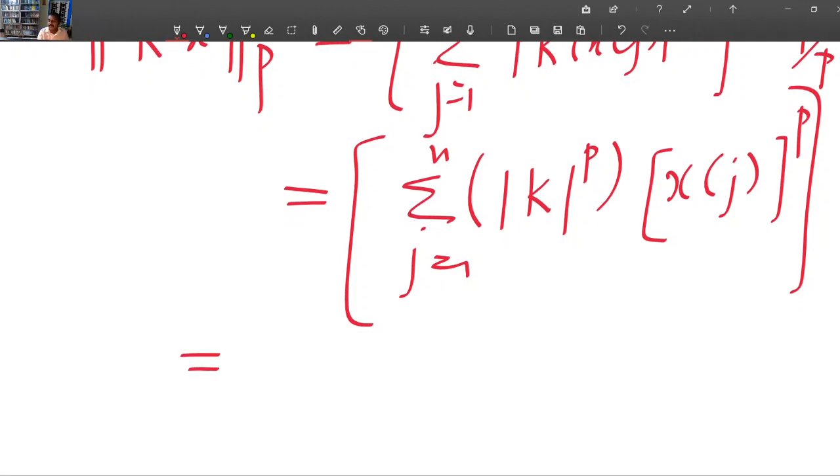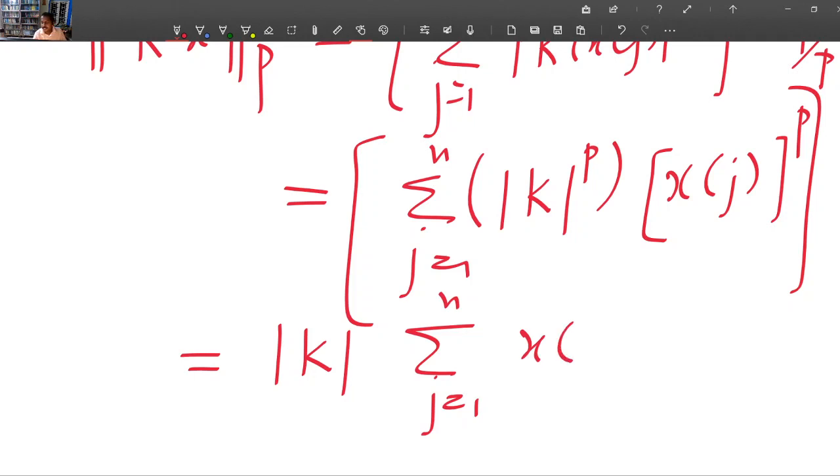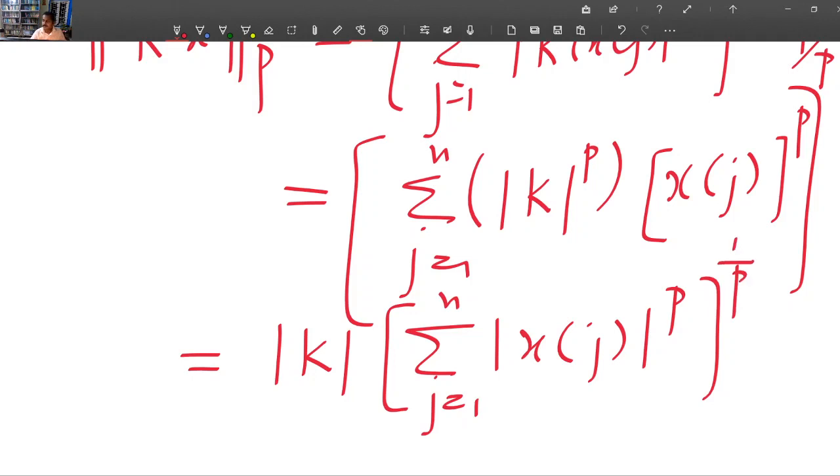You can take modulus of k raised to p outside the sum, then raising to 1 by p, we get modulus of k into (Σ_{j=1}^n (|x(j)|)^p)^{1/p}. That is nothing but modulus of k into the p norm of x. So you have proved that all conditions hold.